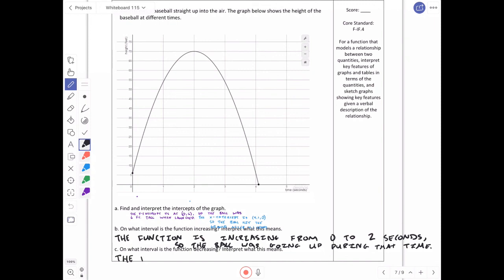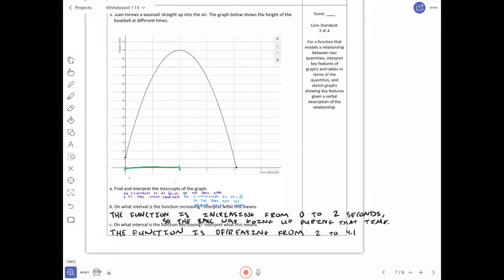And the function during this time is decreasing from 2 to, I'm going to guess, 4.1 seconds. So the ball was going down during that time.